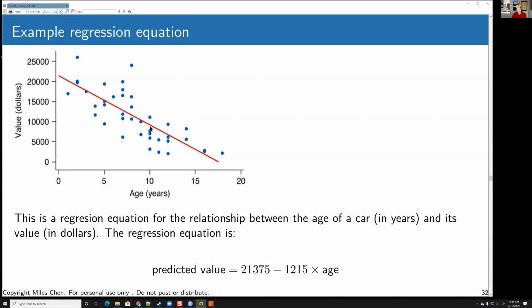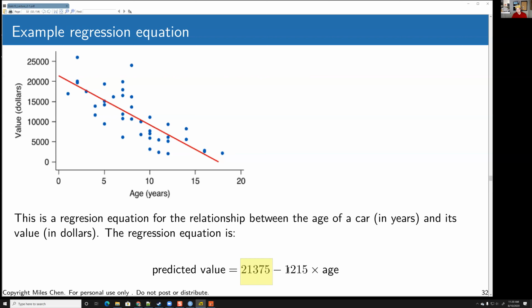When the car is around 10 years old, we expect its value to be around $10,000. I think that's quite generous for the depreciation of a car, but here's just some made-up regression equation that could work, and as the years go by, we expect the value of the car to go down. Okay, and this is what it looks like.